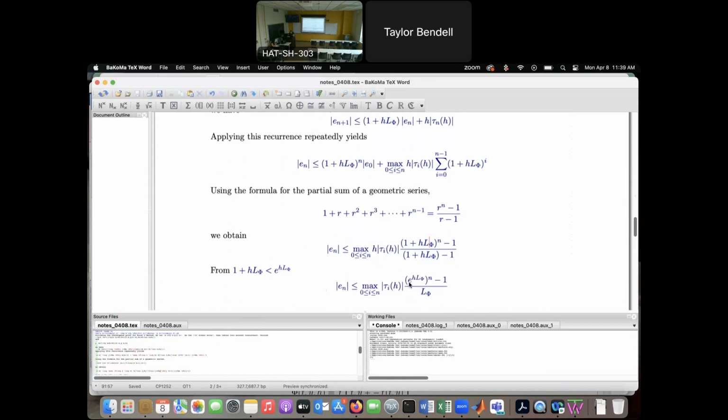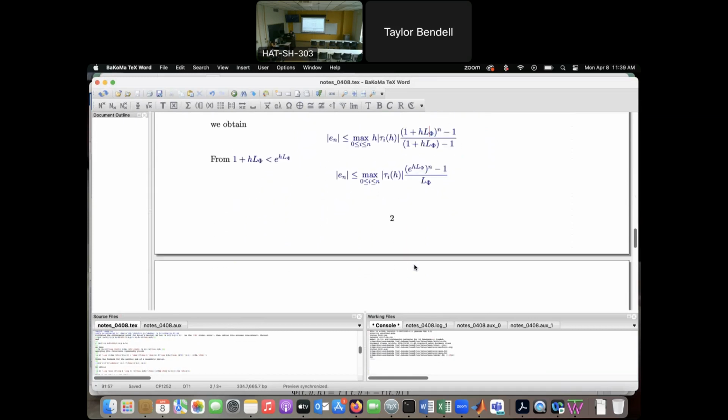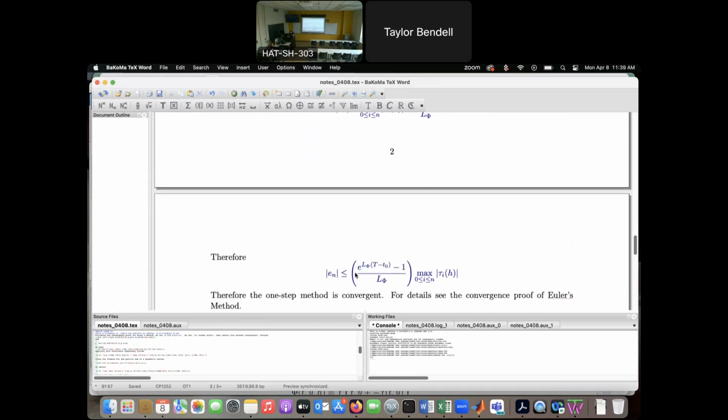So now we have the exponential of L phi times T n minus T naught. But that can be bounded by the exponential of L phi times the final time minus the initial time. So now we can say that the global error is bounded above by the maximum local truncation error times a constant.